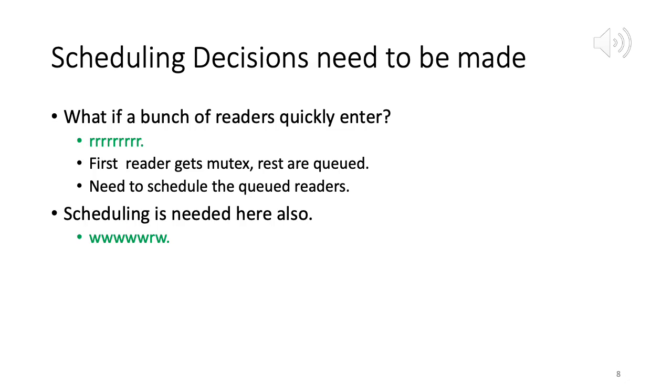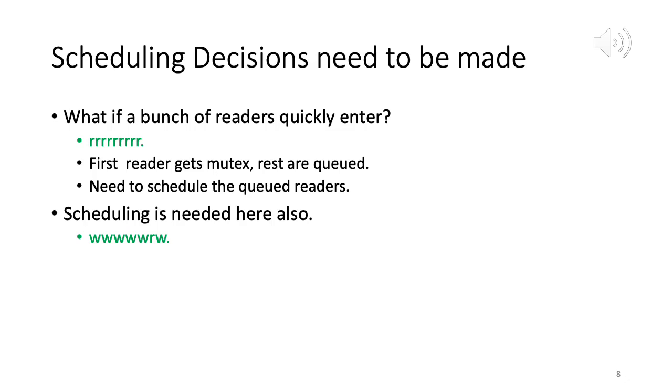Whatever bunch of readers quickly arrive, one after the other. The first reader will acquire the mutex, and before it can release the mutex, many other readers quickly arrive, 4, 5, 6, whatever. Now all of them will be waiting on the mutex. They will all execute wait mutex, and since mutex is 0, because the lock is acquired by the first reader, all of these processes will be waiting at the first statement itself, wait on mutex.